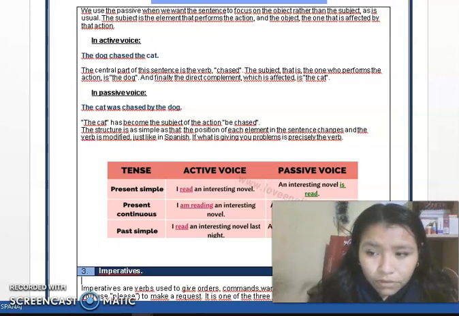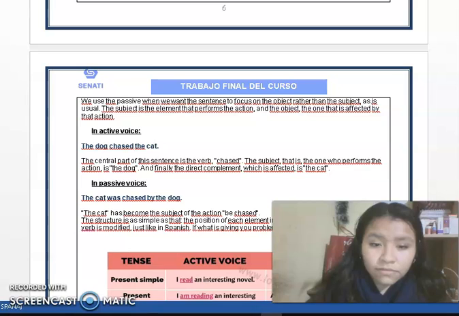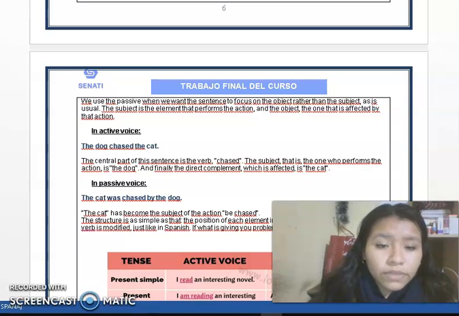We use the passive when we want the sentence to focus on the object rather than the subject. The subject is the element that performs the action, and the object is the one that is affected by that action.